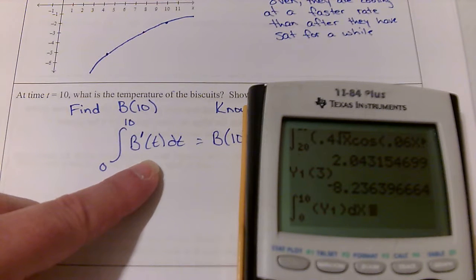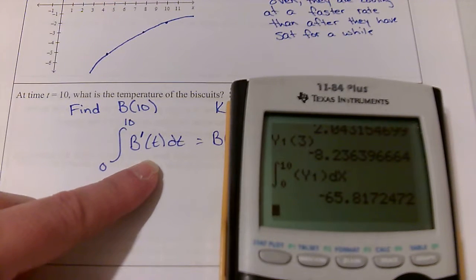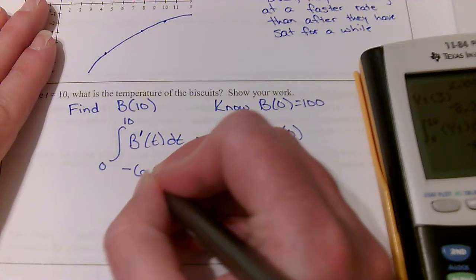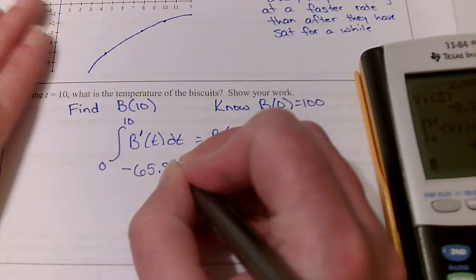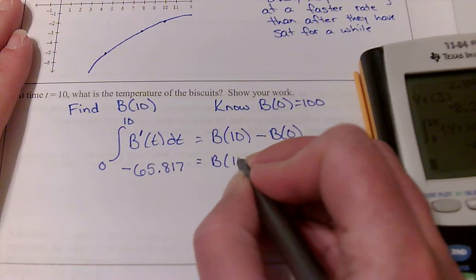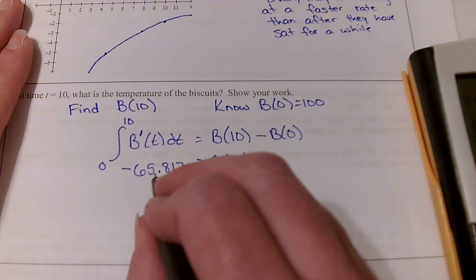And with your calculator, it likes x. And it gives me -65.817. So that means the temperature has changed by -65 degrees.